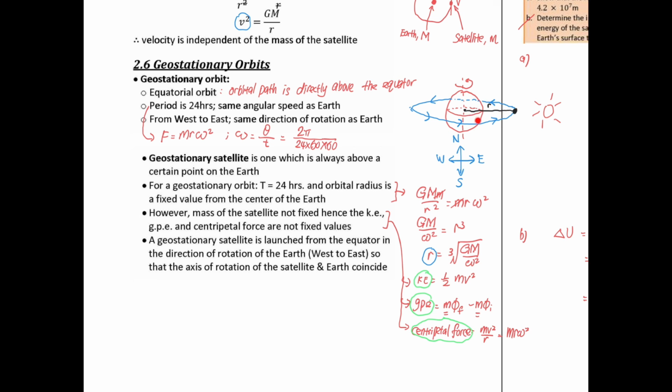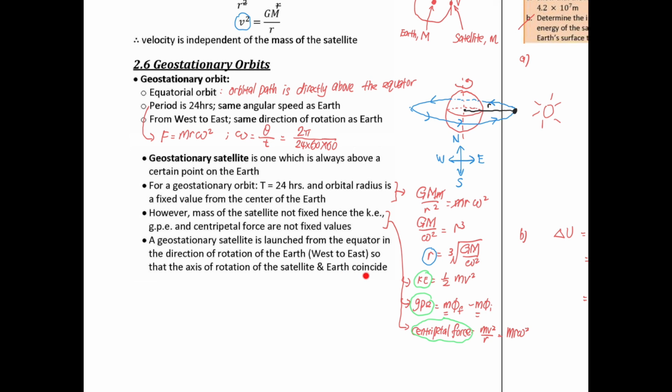Then they reach the track of the geostationary orbit, then they keep rotating around the Earth because there is a gravitational force that attracts, and hence it creates centripetal force, so that the axis of rotation of the satellite and Earth coincide.